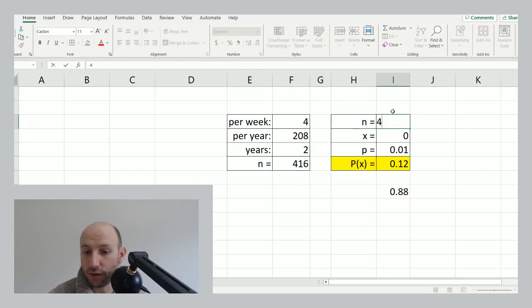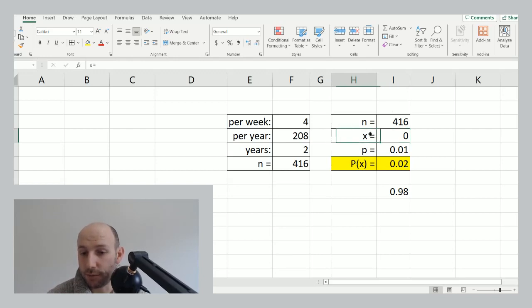So if we put 416 here, well, now the chances of meeting 0 people is 2%. And so the chances of meeting at least one person goes up to 98%. Okay? Now, that's 4 times a week over the course of 2 years. If you go 2 times a week over the course of 4 years, same result.